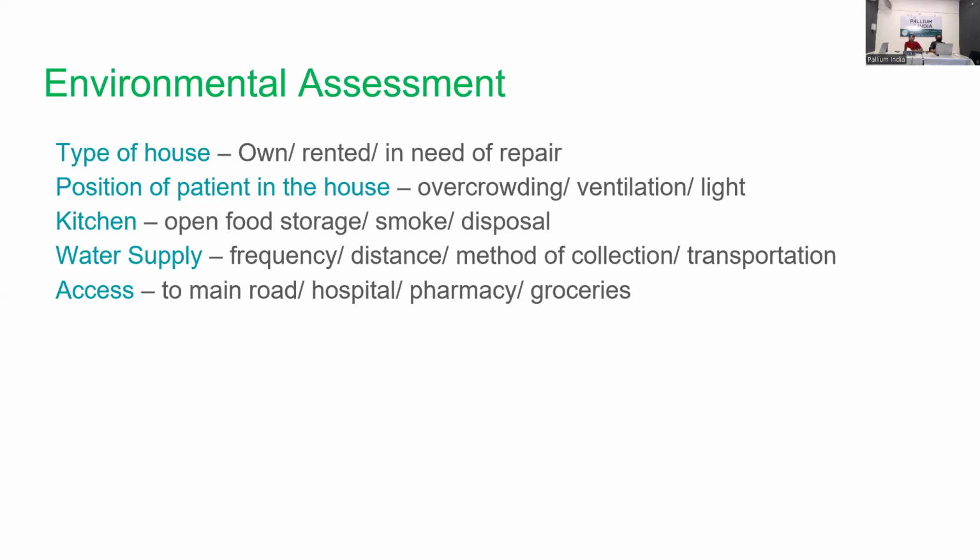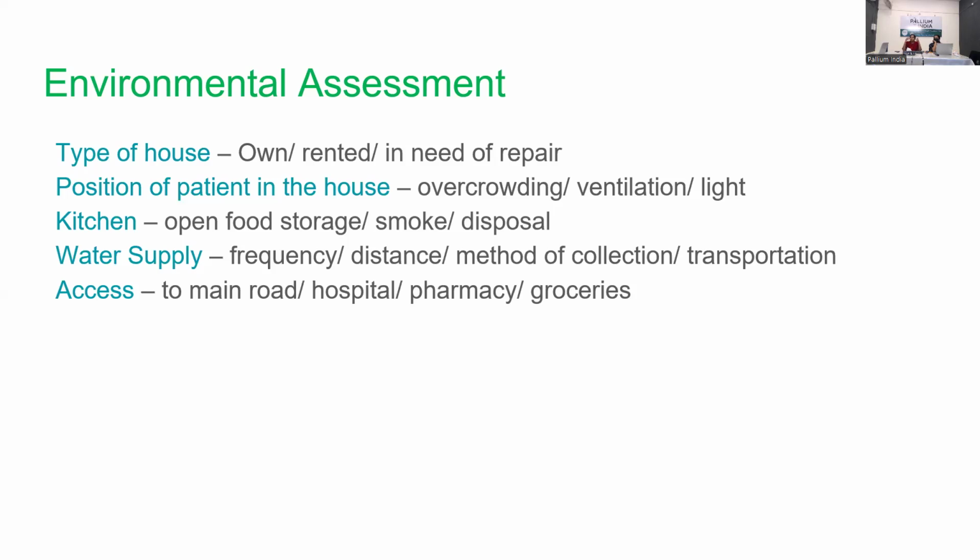The next is the environmental assessment. What we focus on here is whether they have their own home, whether they are in a rented home, or whether the home they are living in might need some repair. For example, it is overflowing with water, or there is water dripping inside the home, and there is no proper ventilation. If there is any need for a change in the environment, we need to assess the position of the patient in the house, whether it is very crowded and cramped, or there is no proper light.